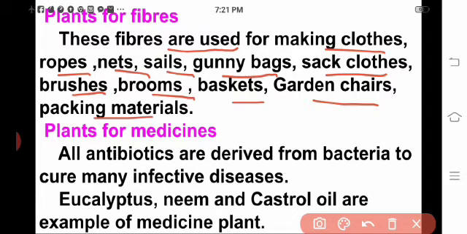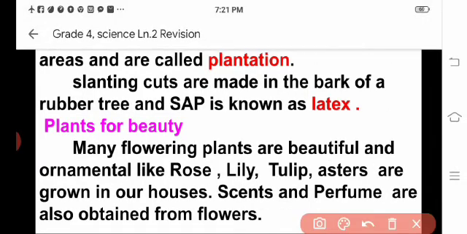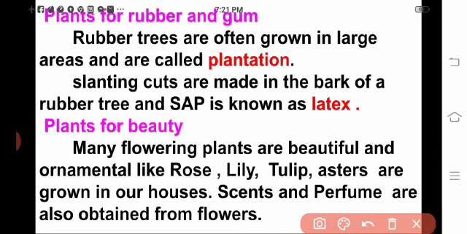Okay. Next, plants for medicine. Medicine plants we can use directly or indirectly. All antibiotics are derived from bacteria to cure many infective diseases. You see, eucalyptus, neem and castor oil are examples of medicine plants. Okay. Next is the plants for rubber and gum. Rubber trees are often grown in large areas and are called plantations.